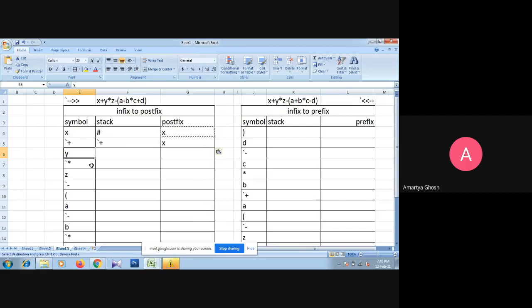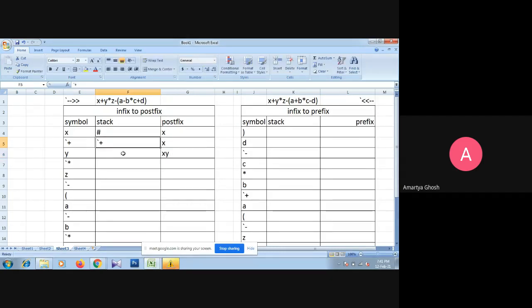So when we read an operand, it will directly go to the postfix. Okay, so the postfix will be x, y. So every time the new element will be inserted at the end position of the postfix.